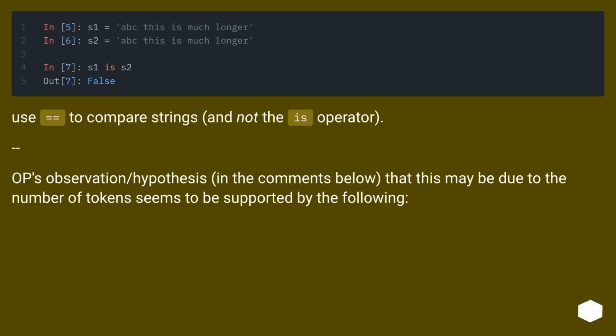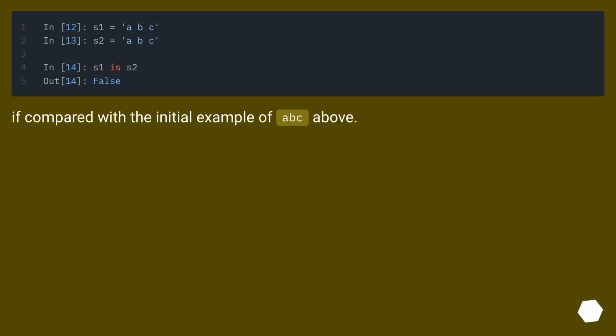Use == to compare strings, and not the is operator. The OP's observation/hypothesis, in the comments below, that this may be due to the number of tokens seems to be supported by the following, if compared with the initial example of ABC above.